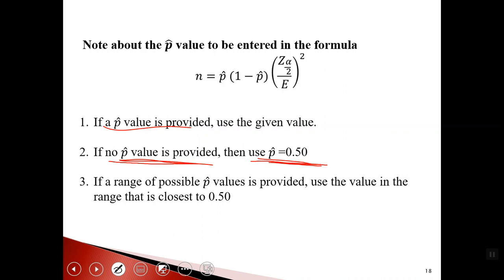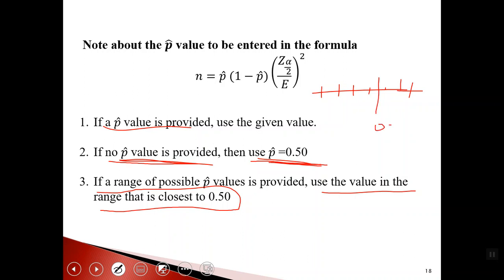If a range of possible p or p hat values is provided, use the value in the range that is closest to 0.5. If they have mentioned possible p hat values, and this is your 0.5, pick the closest one. That's how we find the p hat value.